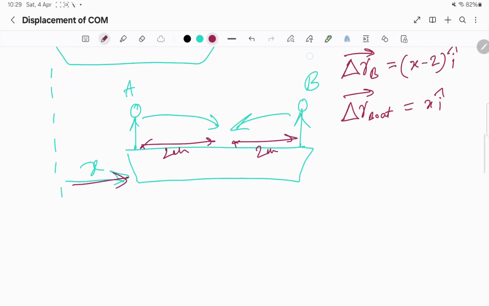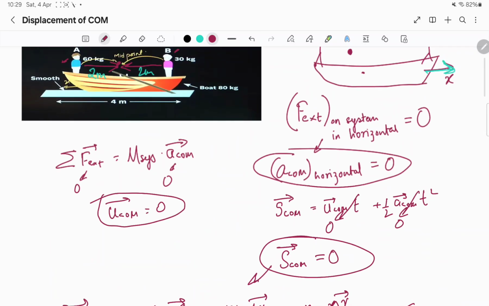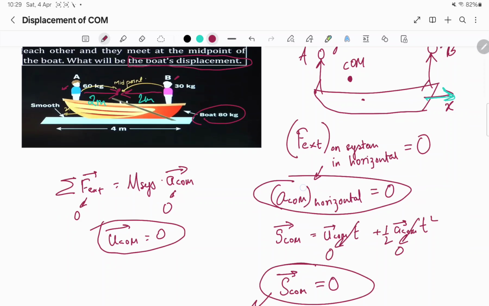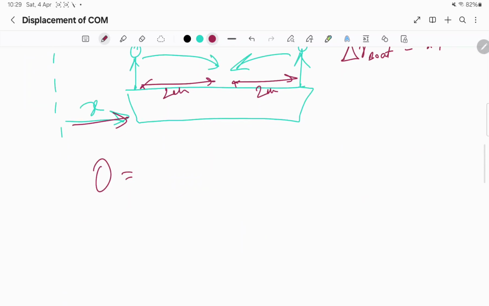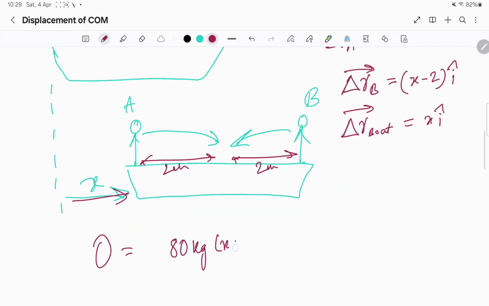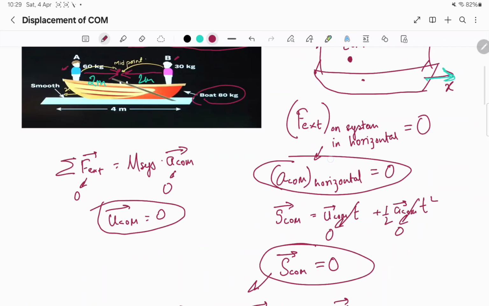So the displacement of the center of mass is 0, equals what? The mass of the boat they have given as 80 kg, so this is 80 kg into x i cap, plus, for person A, the mass of person A is 60 kg and the mass of person B is 30 kg.